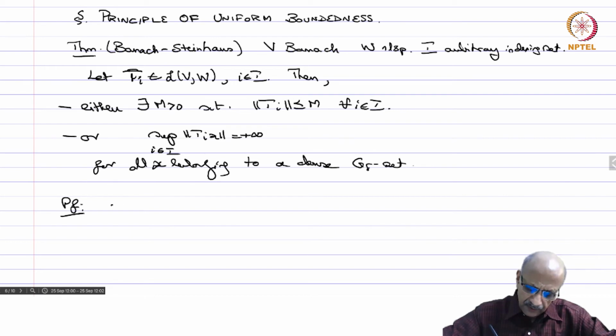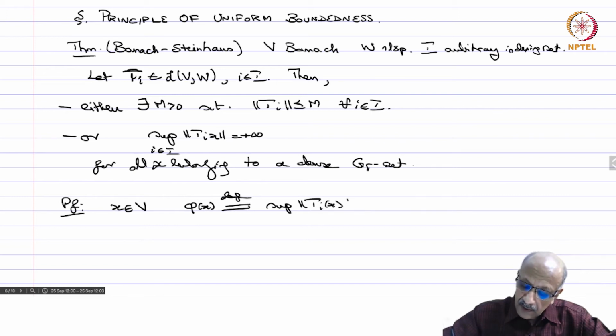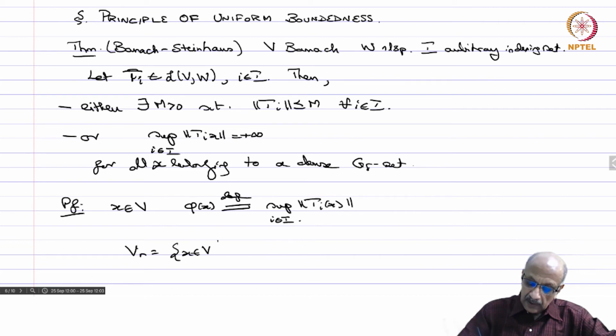So you define for x in V, phi of x, so this is a definition, namely sup over i in I of norm Ti of x, and you set Vn equals the set of all x in V such that phi of x is bigger than n.